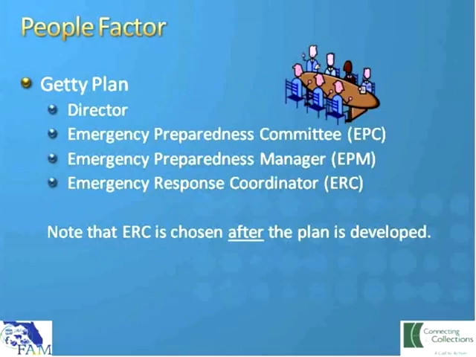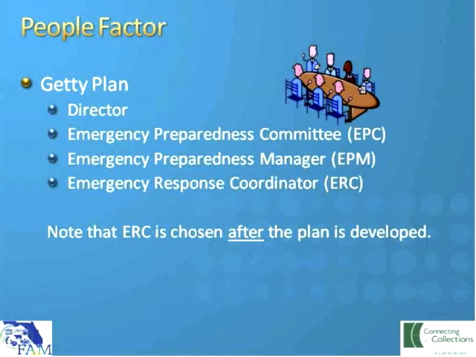You have an emergency preparedness committee, the EPC, which is the committee that is really putting the plan together. You have an emergency preparedness manager, an EPM, who is really the chair of the committee and pushing to make sure the plan gets developed, and from the plan develops somebody called the Emergency Response Coordinator, ERC. Sometimes that person is chosen after you develop the plan, depending on the emergency, the nature, where it's situated in your organization, and so forth.